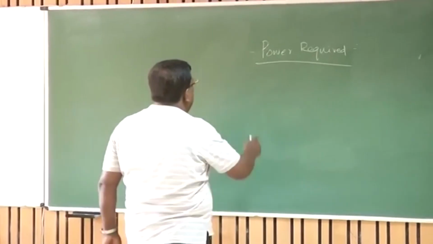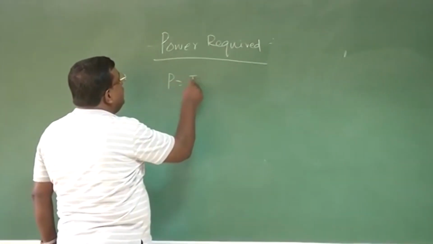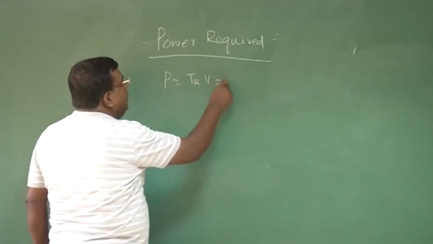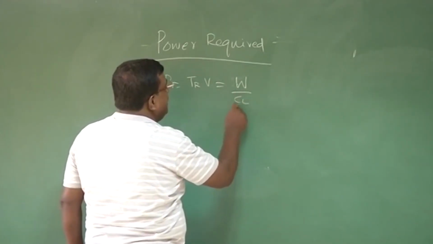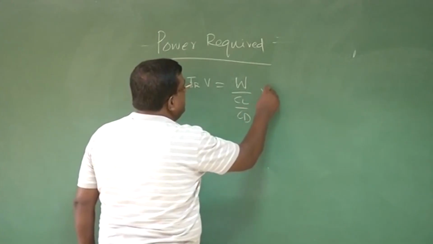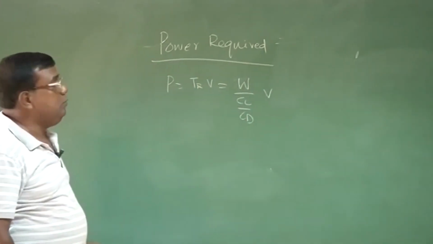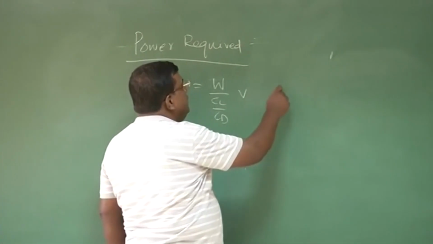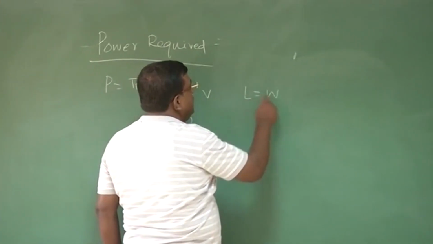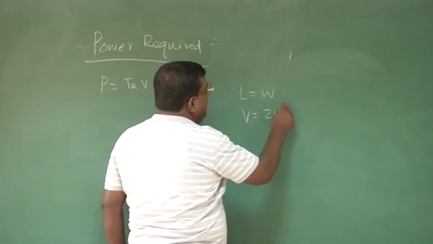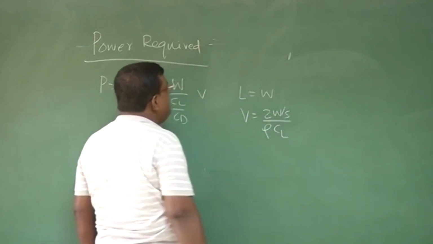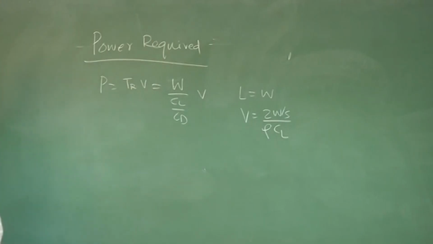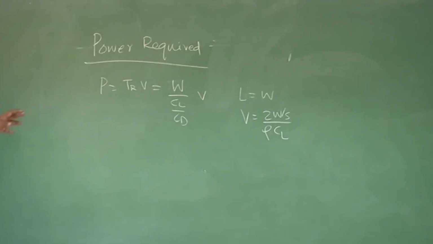For that, power required is thrust required into V, and we already know thrust required is W by CL by CD into V, and V I also know because it's a cruise, so lift equals weight, so V is nothing but root of 2 W by S by rho CL. So once I know V, once I know CL by CD, I can find the power required.